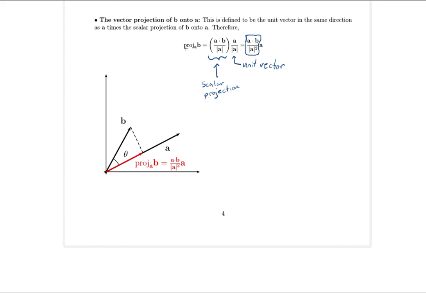So we use PROJ for projection of B onto A. And just like last time, the one that you're projecting onto is the one that shows up all the time, and the B is not showing up very much in the formula. So that's a good memory device to keep in mind there.